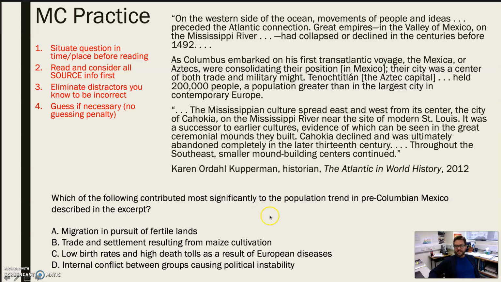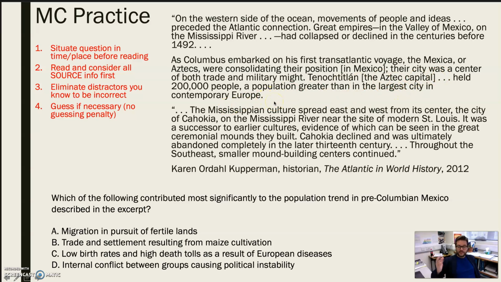Then our next one, an internal conflict between groups causing political instability. If we look back at this, what contributed to the significant population trend? What is the population trend we're looking at? They're consolidating their position, a population greater than the largest city in Europe, holding 200,000 people.